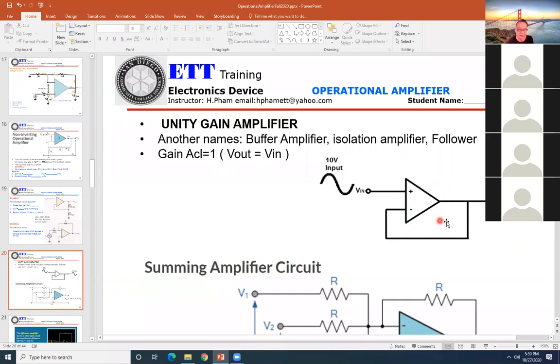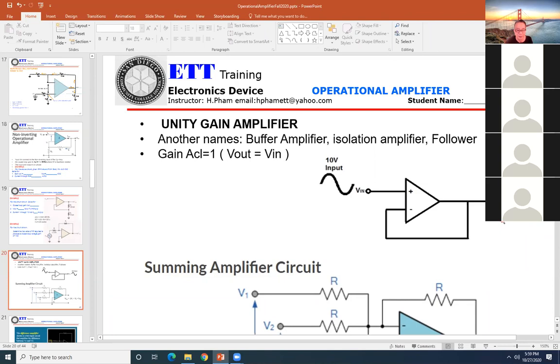When you short it to root and the input is still okay, that's because they isolate it. So normally when you're working in the lab, you short the 5 volt to the root. You don't have any more 5 volt.